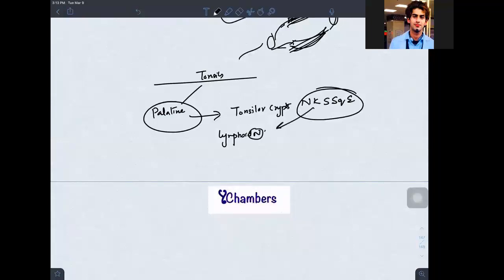Under this covering you can see a lymphoid nodule. You will mostly be seeing some lymphocytes there. Lymphoid nodule, round shaped, that will also have the same mantle zone and germinal center.